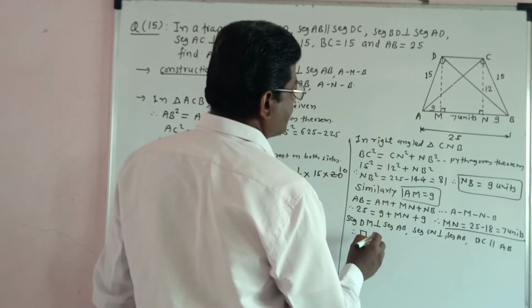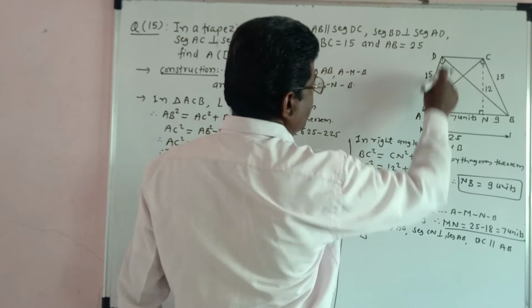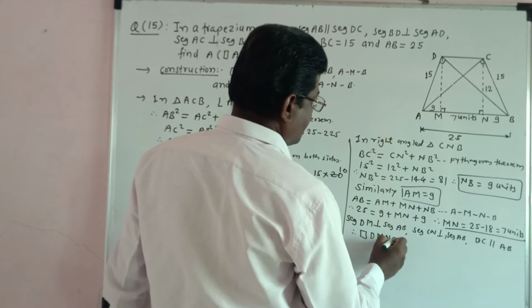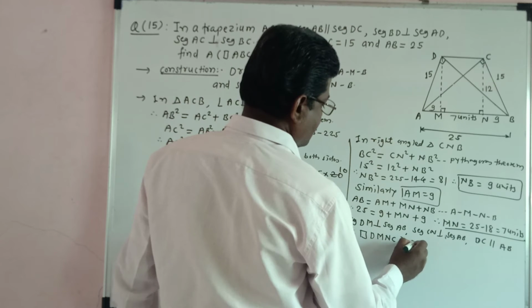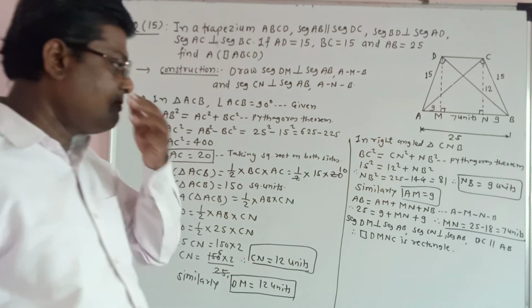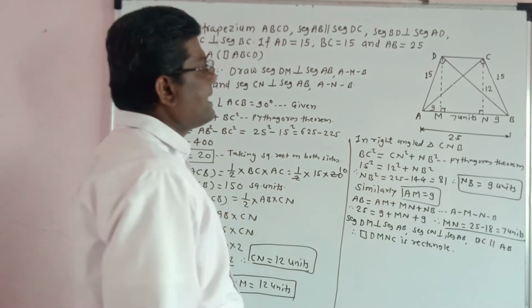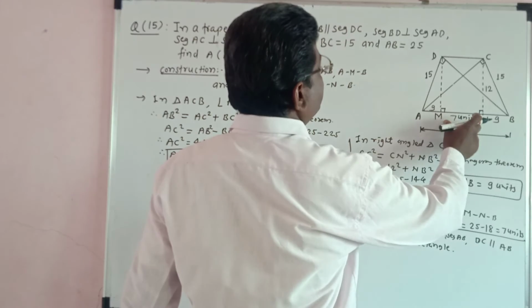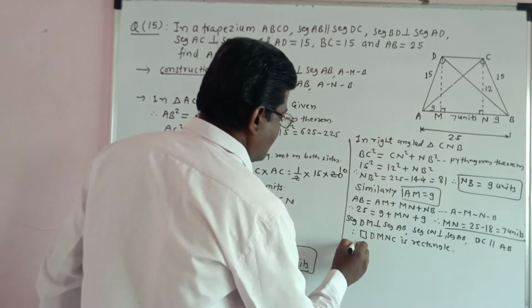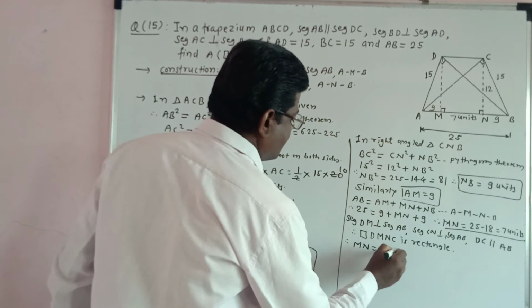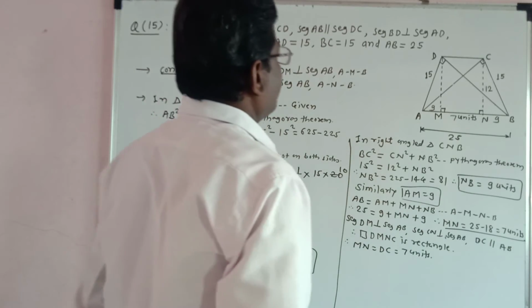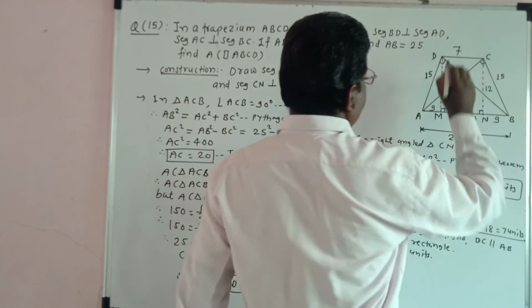Therefore, quadrilateral DMNC is a rectangle. So MN is equal to 7, so DC is equal to 7. Therefore, MN is equal to DC is equal to 7 units.